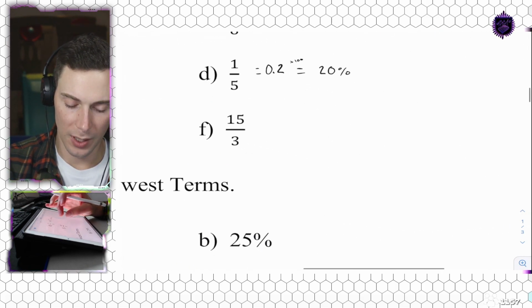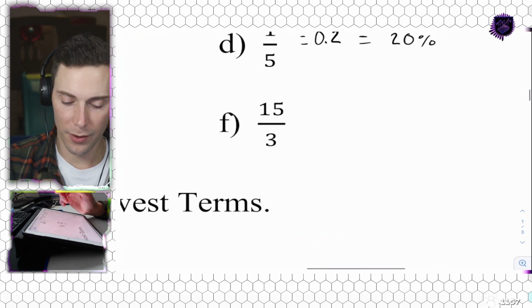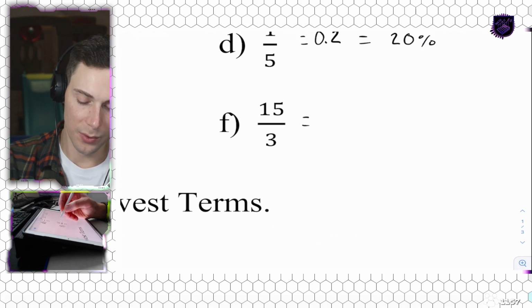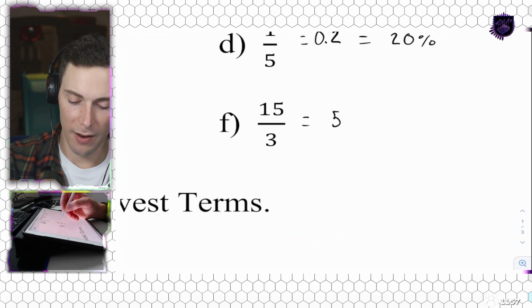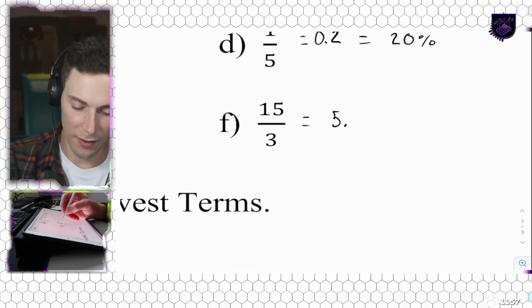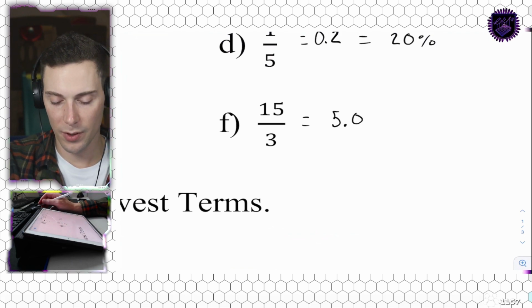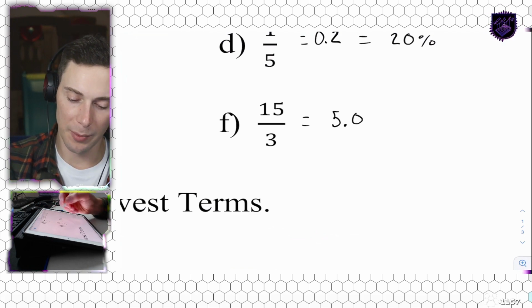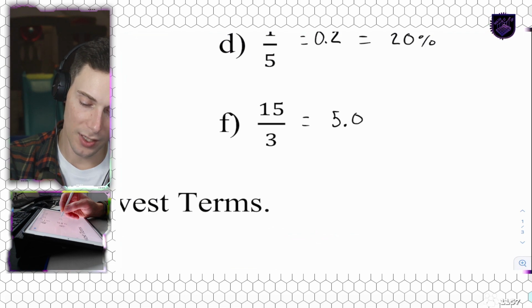Didn't seem right. 15 over 3. Now 15 over 3, so this is going to be equal to 5. 5.0 if you're thinking about it. Now how can 5.0 or 5 be represented as a percentage?